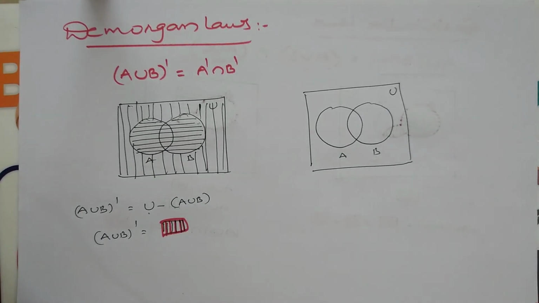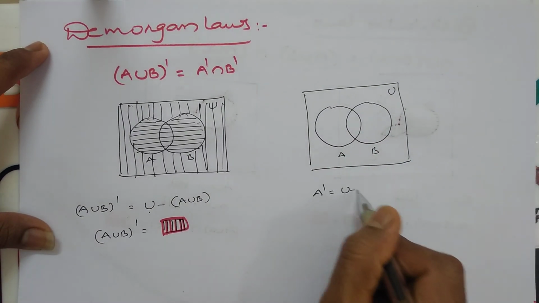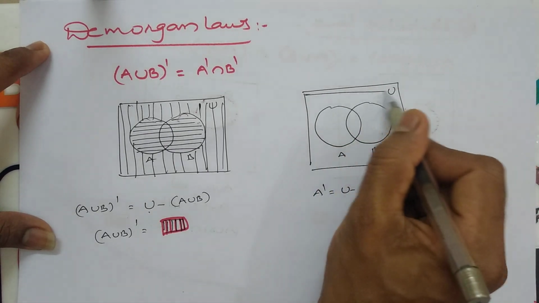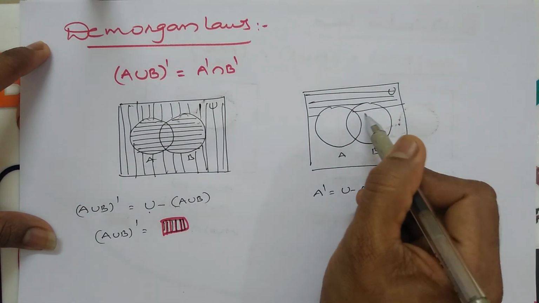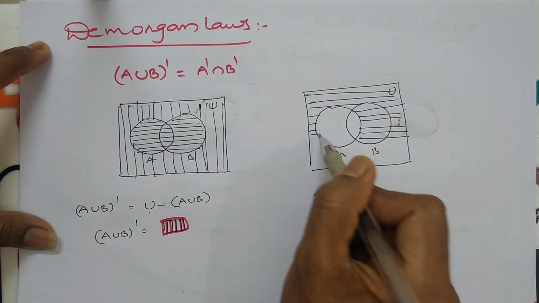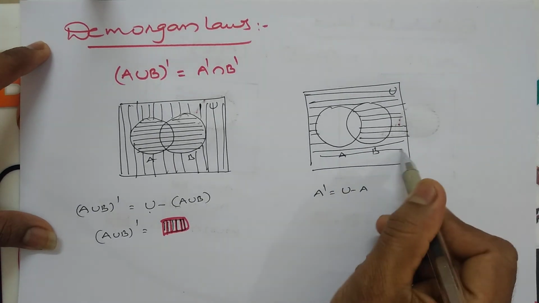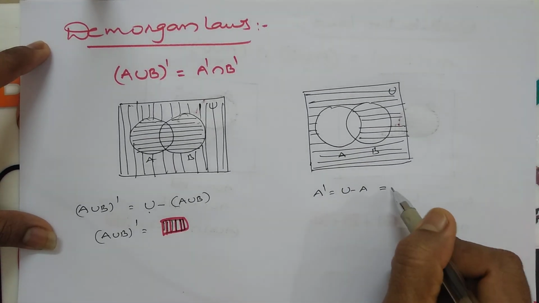Now go for A complement. What is A complement? U minus A. So except A, everything will come. This is horizontal.